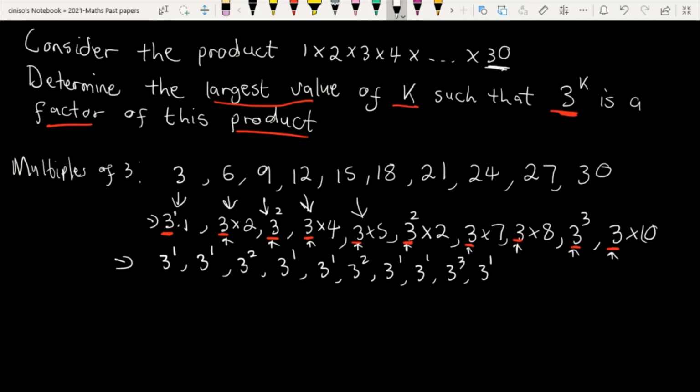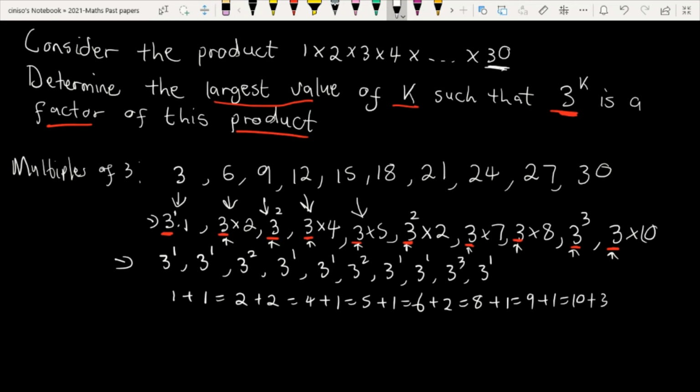So now we're going to add all the powers. If you check, it's 1 plus 1, which gives you 2, plus 2 gives you 4, plus 1 gives you 5, plus 1 gives you 6, plus 2 gives you 8, plus 1 gives you 9, plus 1 gives you 10, plus 3 gives you 13, plus 1 gives you 14.